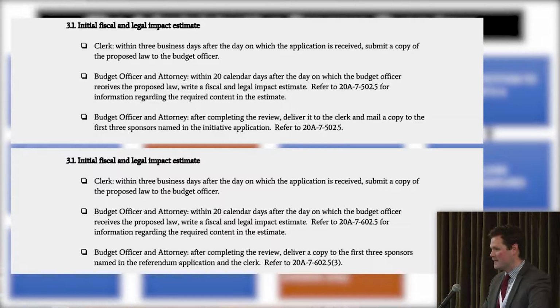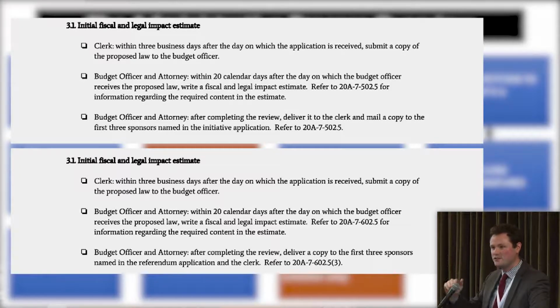State law says you need to analyze about 6 or 7 things on how this law or repeal of this law will affect the city or the fiscal impact on the municipality. The budget officer and the local attorney do that in conjunction with each other.